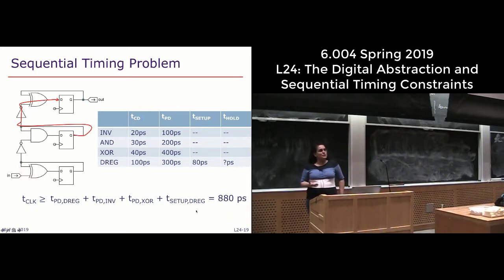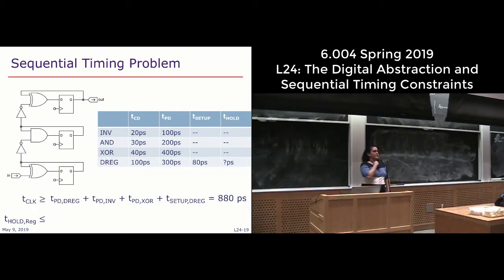Now the second question we want to ask ourselves is, what can we say about T-hold of this register that will allow the circuit to definitely work properly? We said that T-hold has to be less than what? Yep, the sum of the contamination delays.